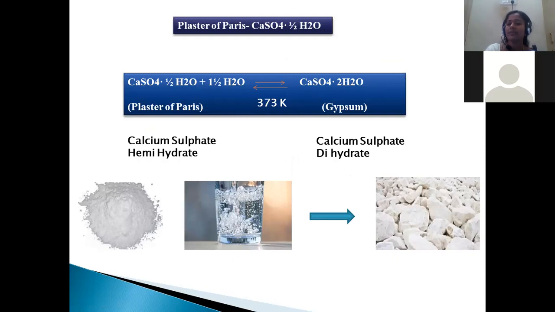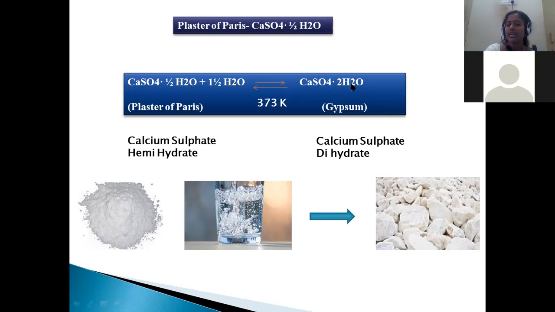And the next concept of today's session is plaster of Paris. Plaster of Paris is calcium sulfate hemihydrate, calcium sulfate half H2O, right? Calcium sulfate half H2O is formed from gypsum.